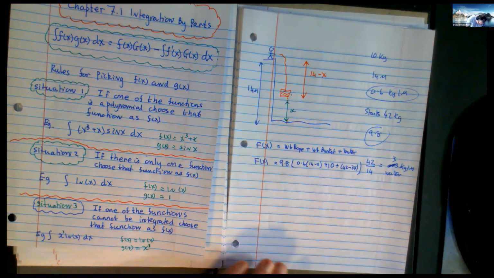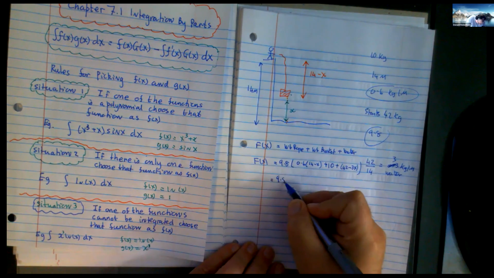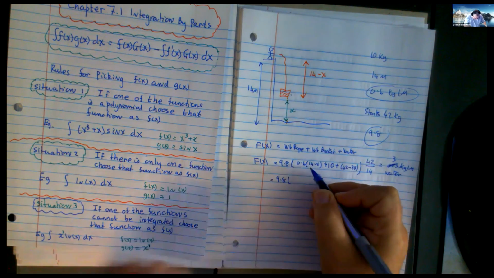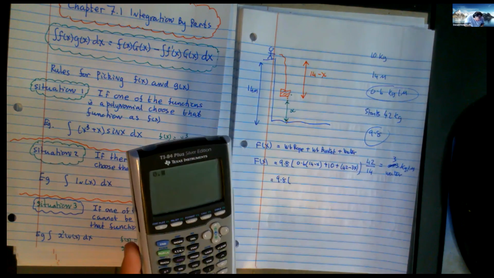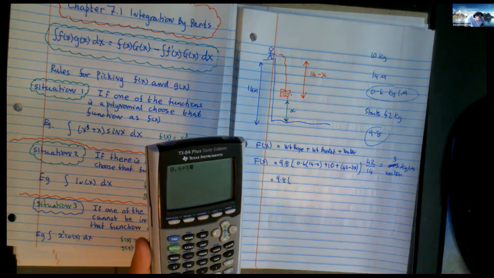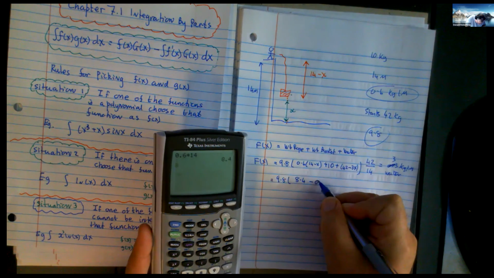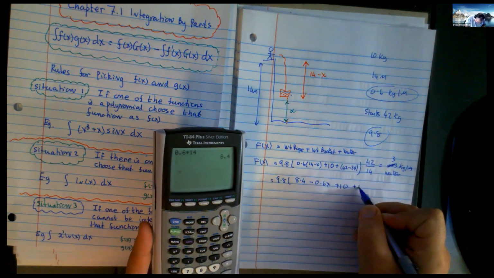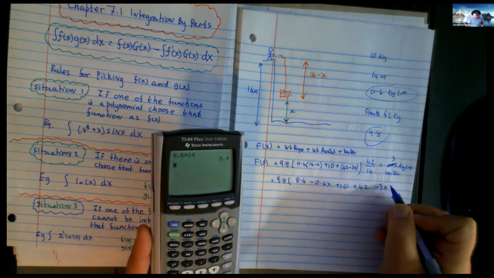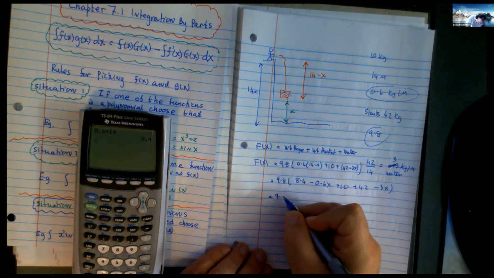Now, if you take this expression and you multiply this guy out and you add all the X's and do all that stuff, let's see what we've got. 0.6 times 14 is 8.4. Take away 0.6X, add a 10, add a 42, and take away a 3X. So you take all of those and you combine like terms.